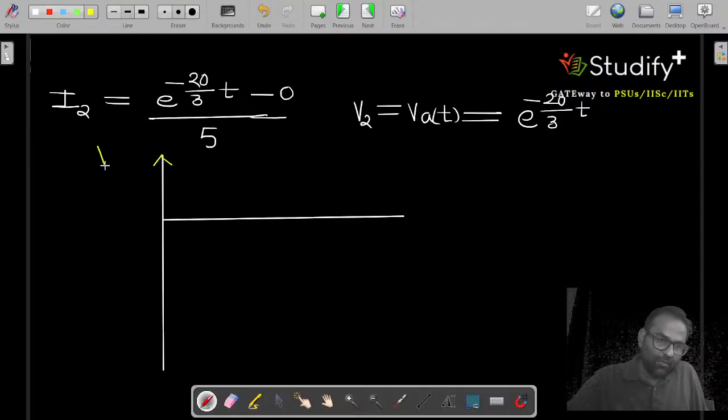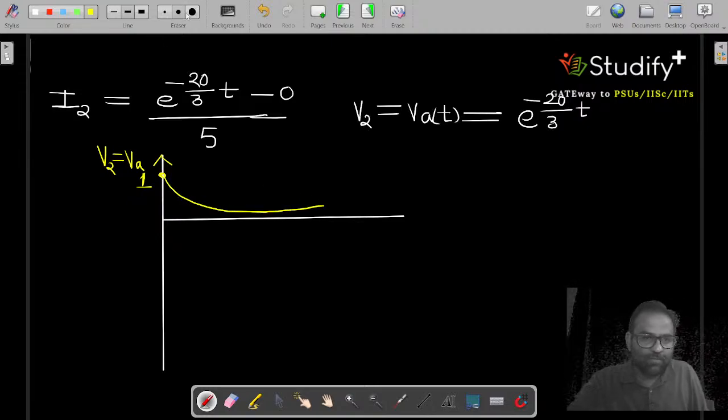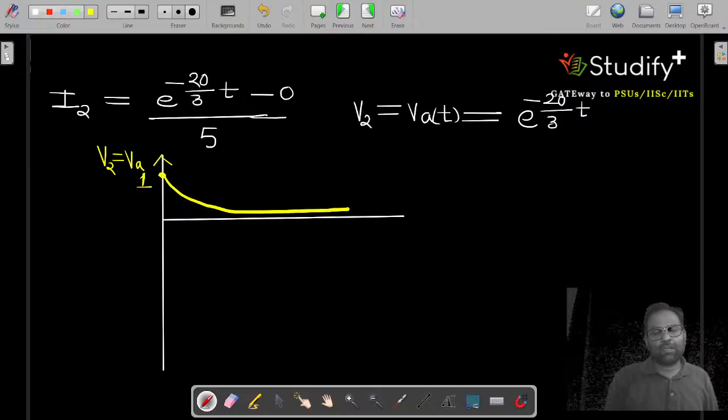This is V2, or we can say these are connected in parallel, so inductor voltage and resistance voltage will be the same. At t equal to 0, this value is 1 volt, and from 1 volt it will go to 0 volt. This is the condition of voltage across the inductor.